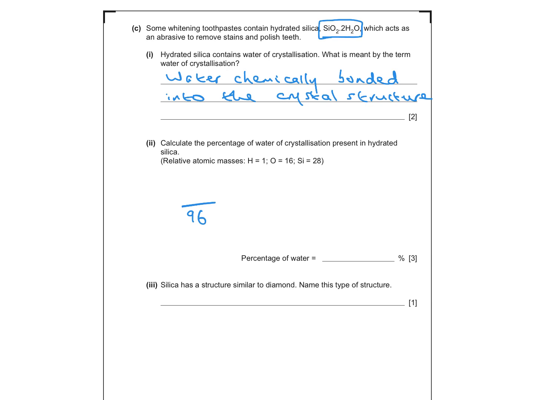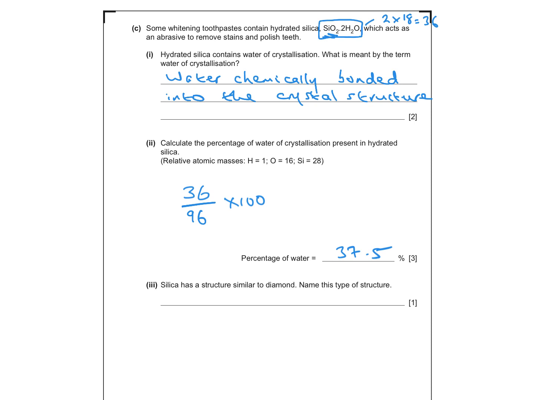So the way you would do that is work out the SiO2 bit, and then you've got 2 H2Os. 2 H2O is 2 times 18, which is 36, and you just add that on to the SiO2. So we've got 2 H2O, as I said, that's 36. So that's the total mass of the water. We divide that by the RFM of the hydrated salt, which we've already worked out to be 96. And then we times that by 100 to get a percentage, which is 37.5.